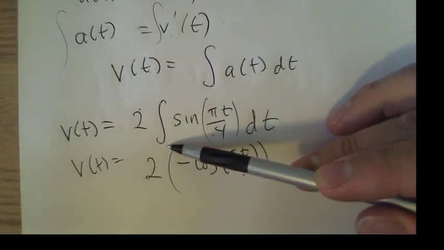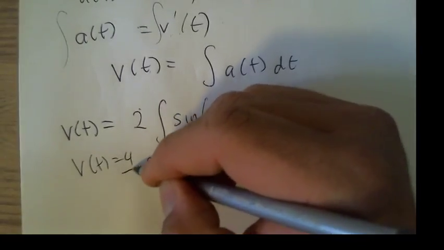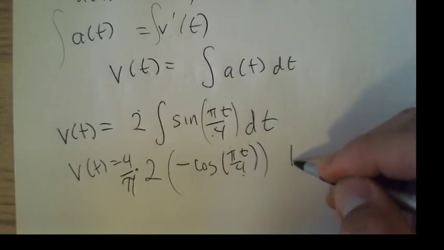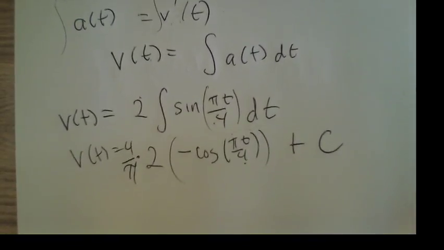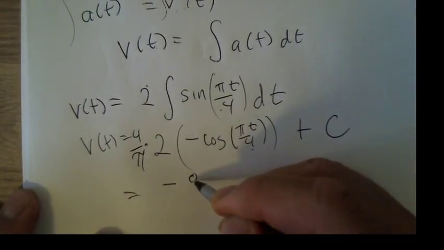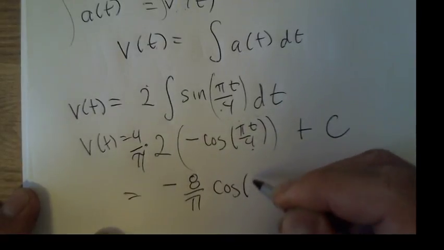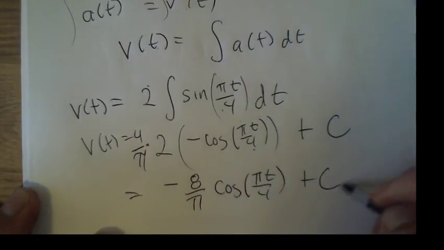But if pi over 4 is not on here, make sure to multiply by the reciprocal, so I'm going to multiply by 4 over pi. And this is an indefinite integral, so make sure you write plus c. I'm going to clean this up a little bit, and I'll have negative 8 over pi cosine of pi t over 4 plus c.